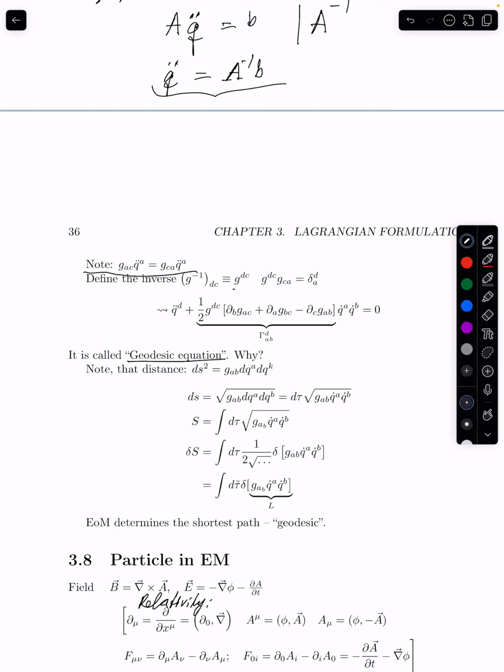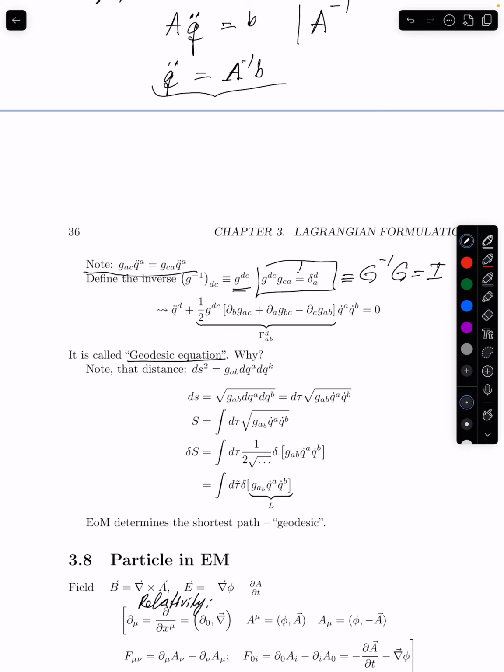In this notation, the fact that G^DC is the inverse of G_CA is just given by this equation. What is written here is G to the negative first times G equals the unit matrix. That's equivalent.